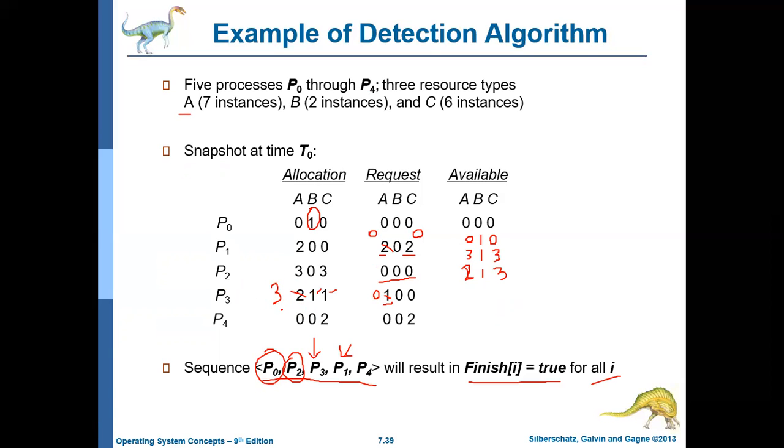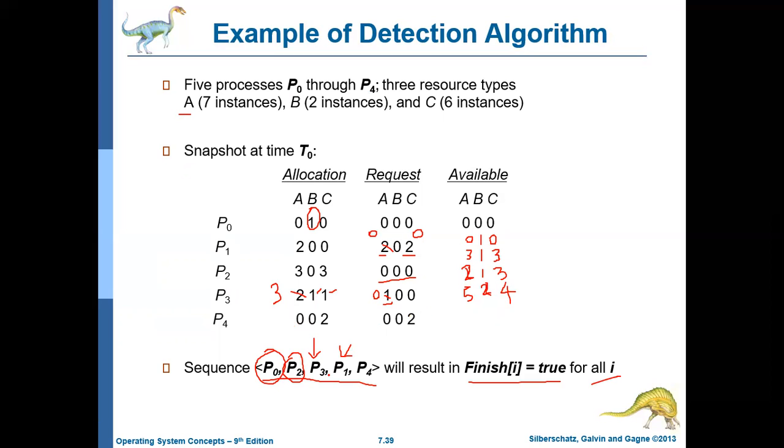After some time P3 will complete and release all the resources. So 3 plus 2 is 5, 1 plus 1 is 2, and 3 plus 1 is 4. The available resources with the operating system will be 524, because it releases 3 resources of A, 1 of B, and 1 of C.